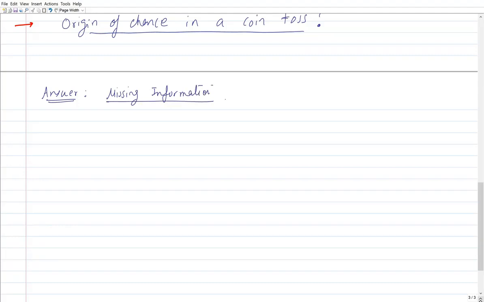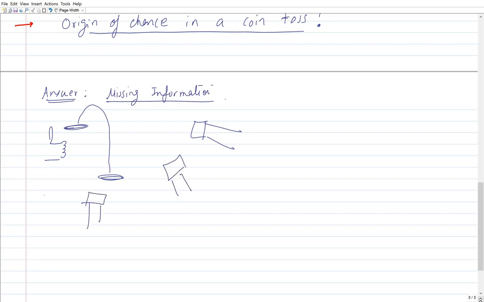To appreciate this point, imagine I have the coin toss. This was my coin. And imagine I had these fantastic CCTV cameras tracking the motion of the coin right from the time I launched it from my hand.